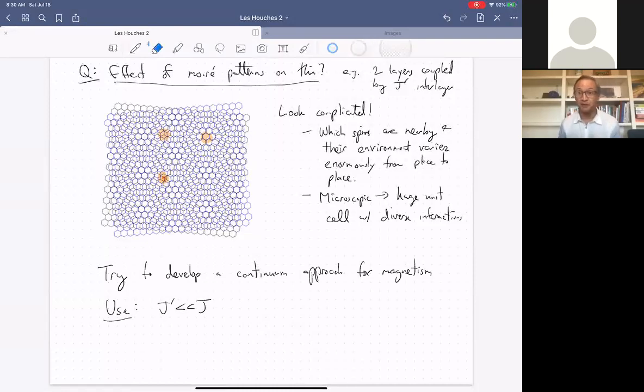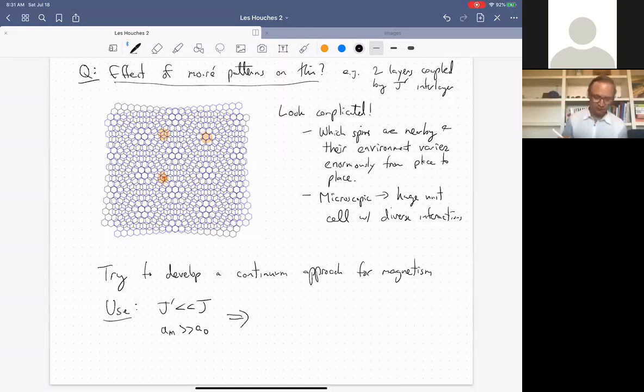As I said, this is a feature of all these van der Waals materials. And also that the Moiré wavelength is much bigger than the lattice spacing, which means that locally the system looks relatively uniform.